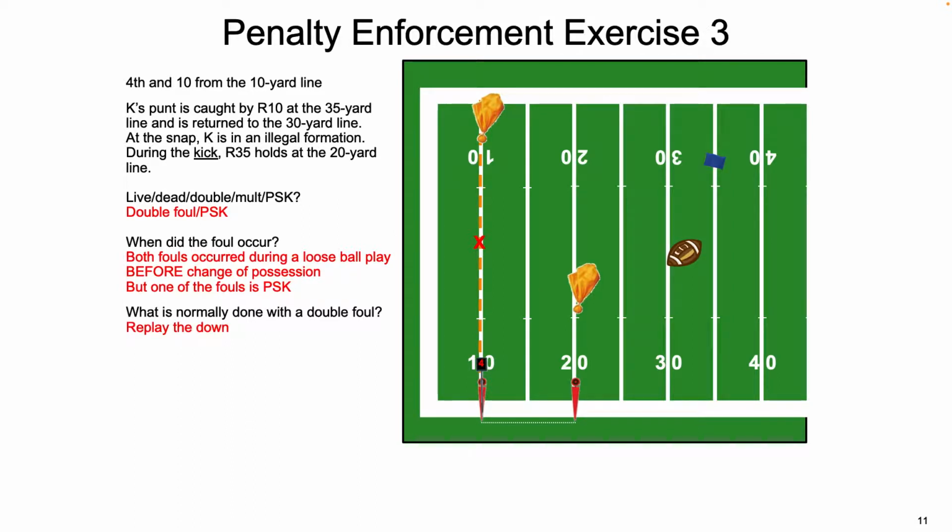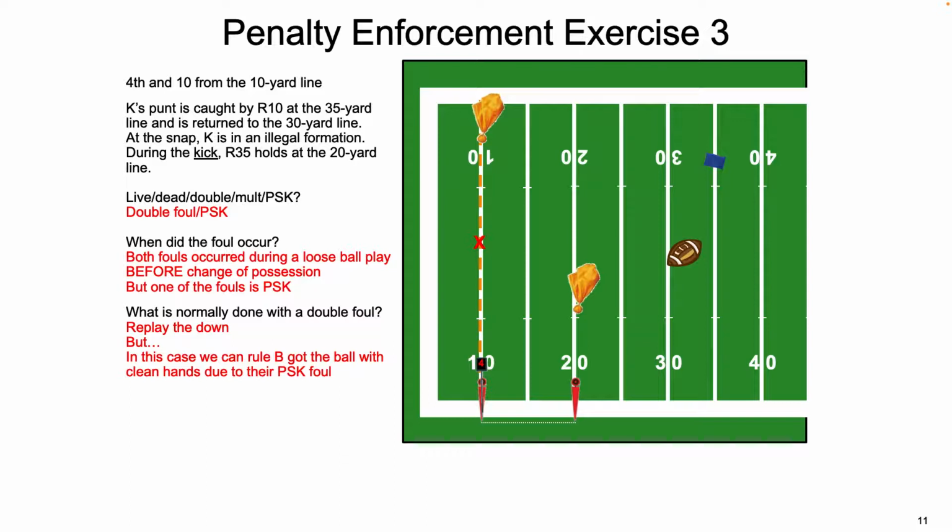Normally, on a double foul, we replay the down, but in this case, we can rule B got the ball with clean hands, due to their PSK foul. PSK is sort of assuming where K is giving the ball up. So once that kick occurs, all the rules are helping us just give the ball to K, tack on, that kind of thing.